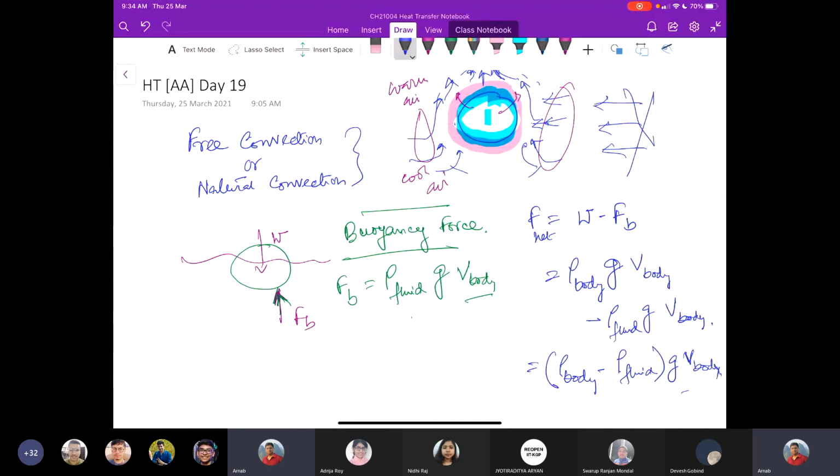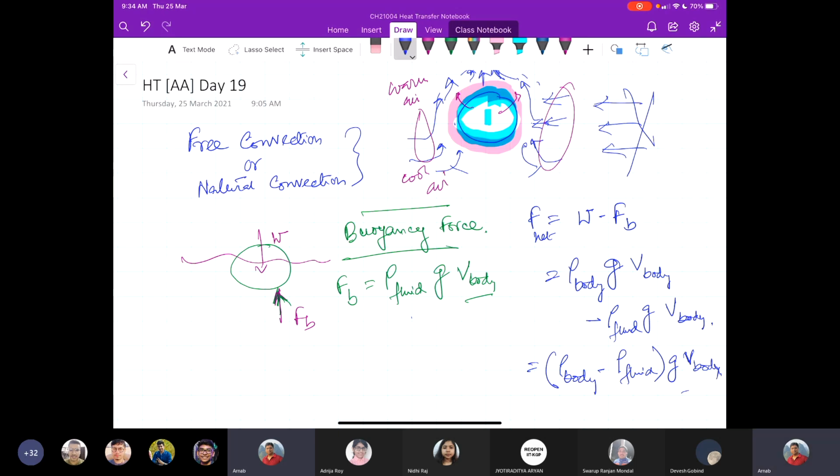So that means in all the studies, in all the cases, our main thing is the temperature. And now we have the buoyancy force. So how do we relate these two?